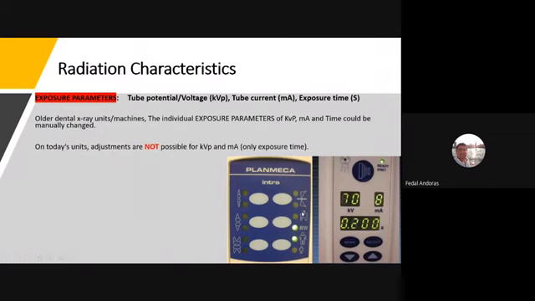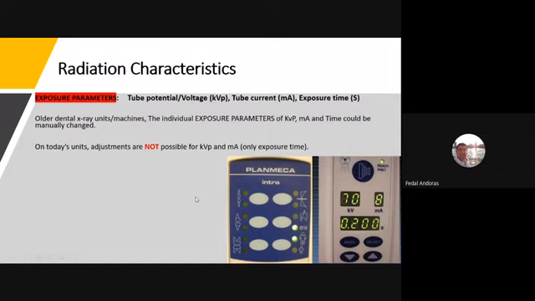But now, adjustments are not possible for KV and mA. Only you can adjust the exposure time. أعتقد جهاز اللي عندكم بالقسم هو نفس الشيء. You can choose upper, lower, which tooth you want. So the device automatically will change the KV and mA embedded with the device in the control panel, and you just can govern or change the exposure time.